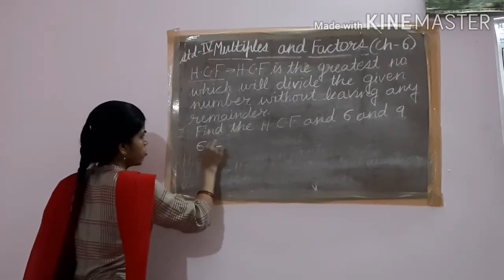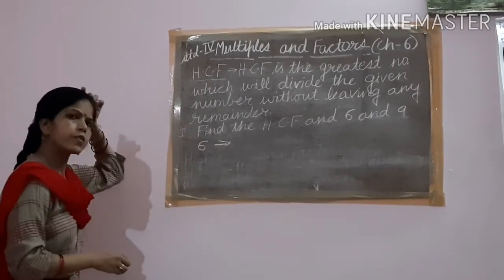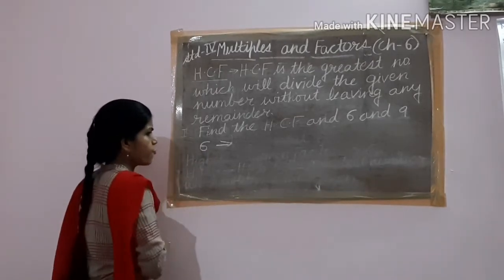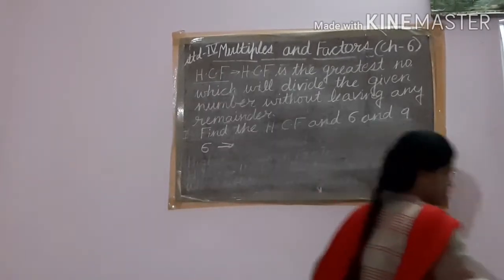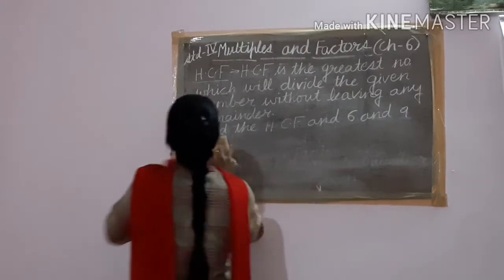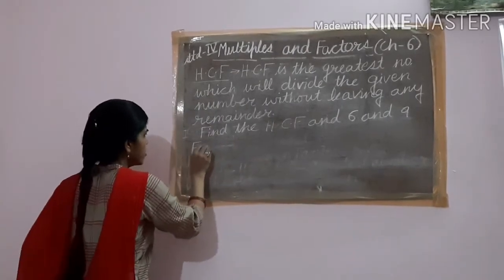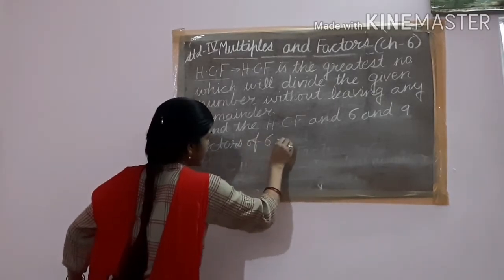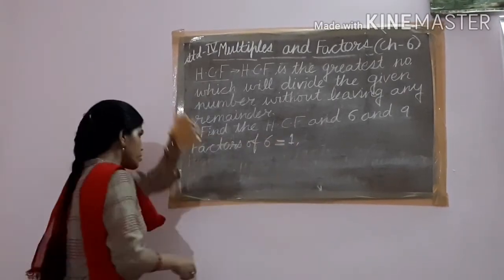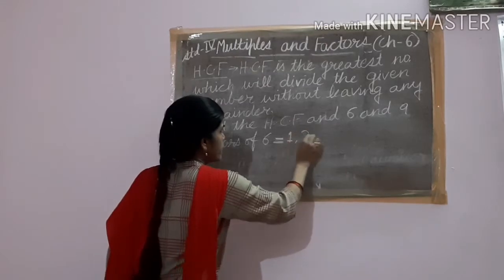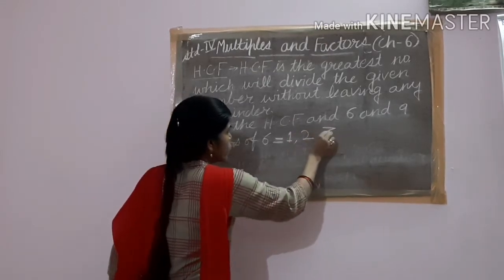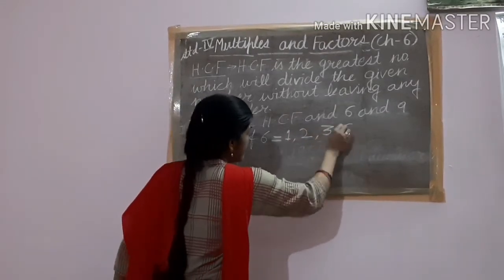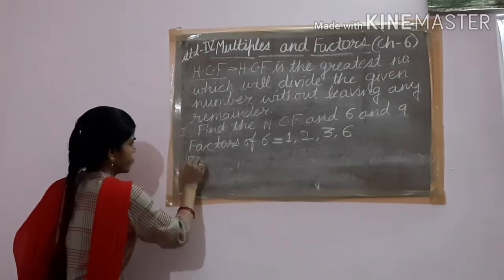First, find the factors of 6. First will come 1 because 1 is a factor of every number. Then 2 threes are 6, 3 twos are 6, and then 6.